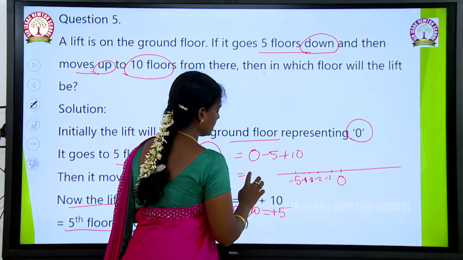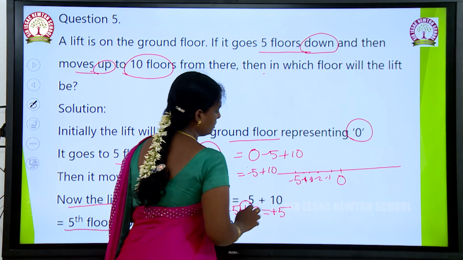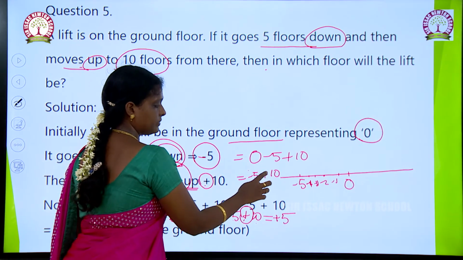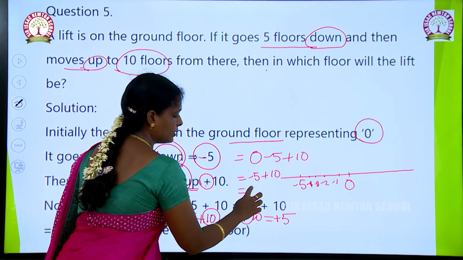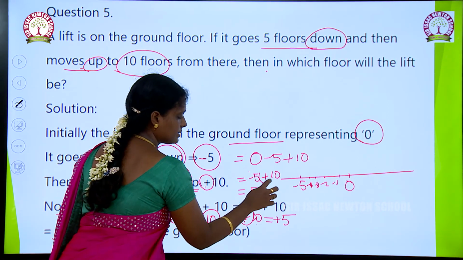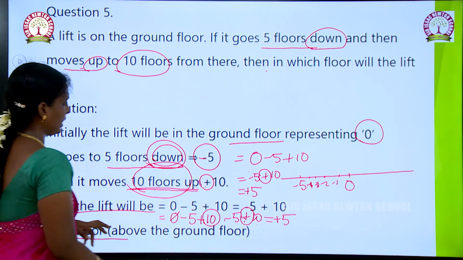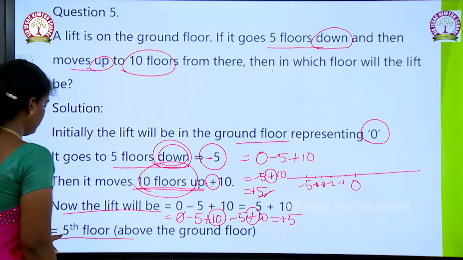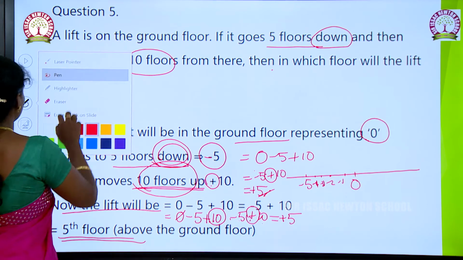So 0 we can skip, and minus 5 plus 10. If the signs are different you have to subtract. So if I subtract 5 from 10, I will get 5. The greatest number is 10, which is having a positive sign. So finally the lift is on the 5th floor from the ground floor, okay. Next question.